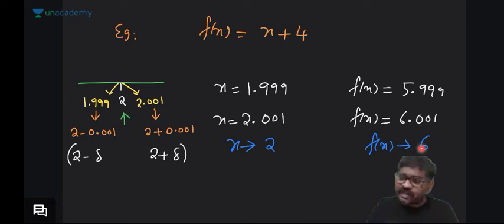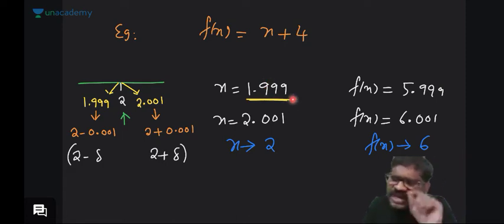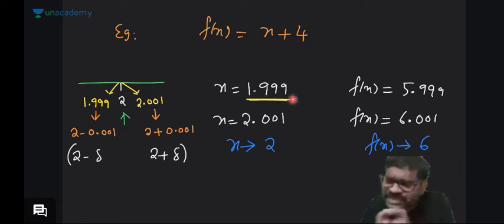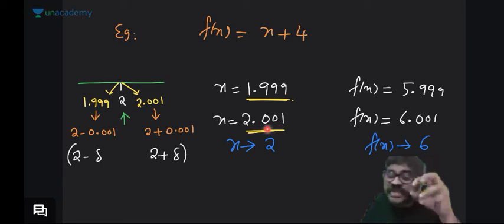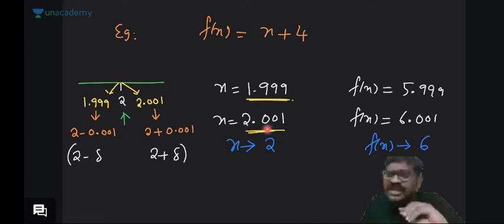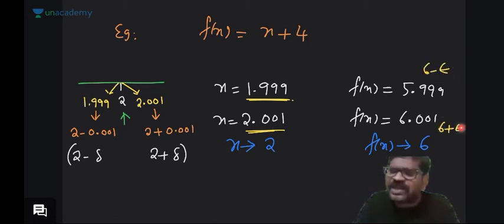Understand? Now 1.999 is nothing but 2 minus something. What is something? Something is delta. 2 minus very smallest positive value. This is 2 plus delta. 2 plus smallest positive value. So whenever x is 2 minus delta to 2 plus delta, f of x is 6 minus epsilon to 6 plus epsilon.